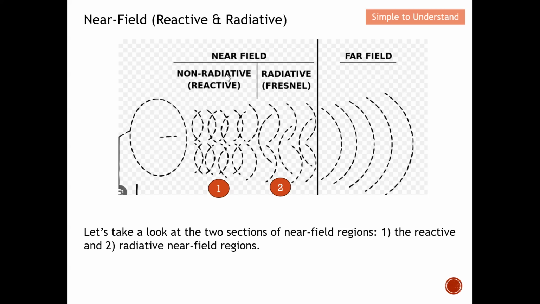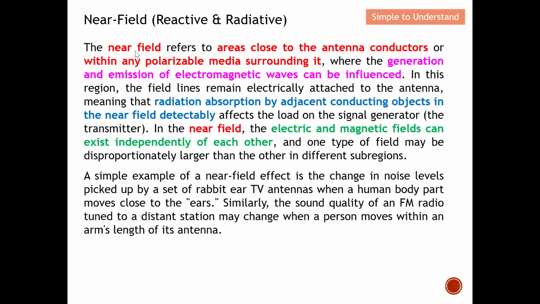The near field refers to the area close to the antenna conductors, or within any polarization medium surrounding it, where the generation and emission of electromagnetic waves can be influenced. So in short, under this near field, anything near the antenna can affect the outcome.